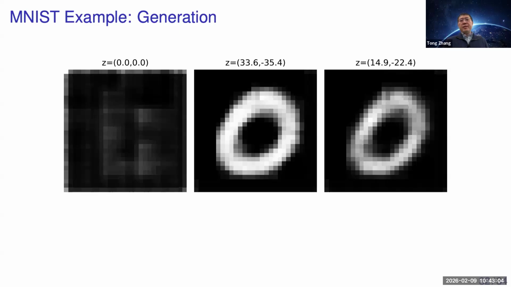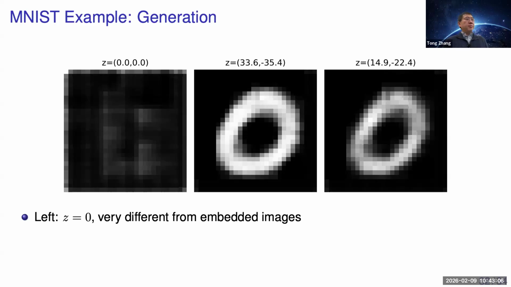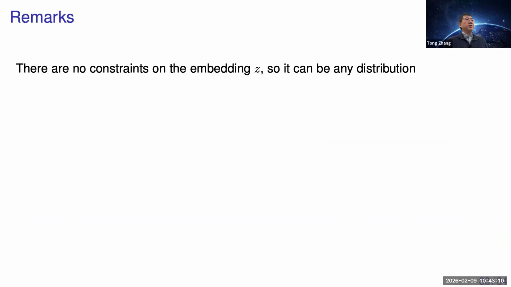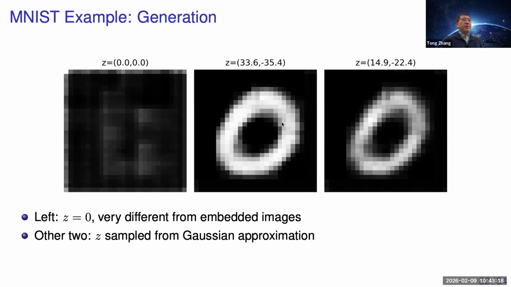What we want is a good Gaussian approximation. The key is that there's no constraint on the embedding space. When you want to do generation, I showed you it can be done: just generate a random vector in the Z space and go through the decoder, and you can generate your image.